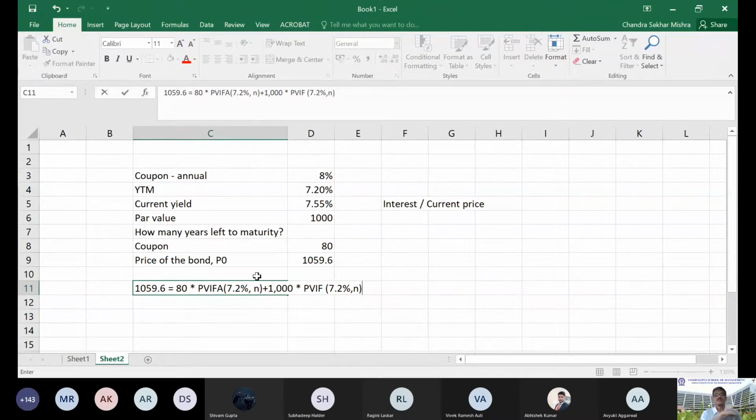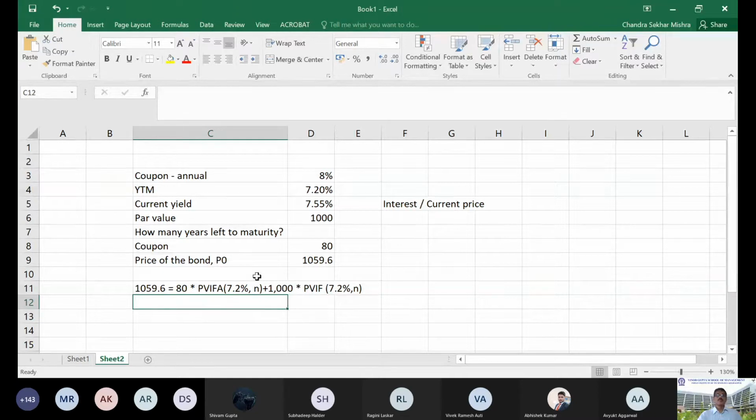Now solve it, all of you. Use your Solver or calculator. You may have to do this in tomorrow's exam also, so try to practice. Anyone who can do it?